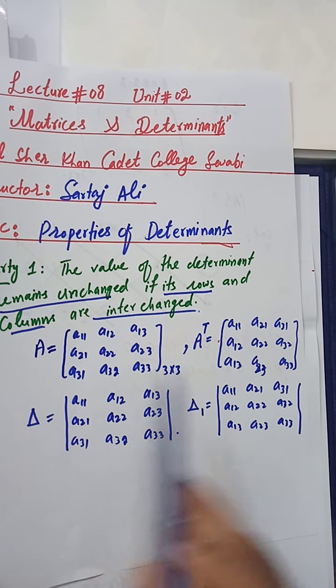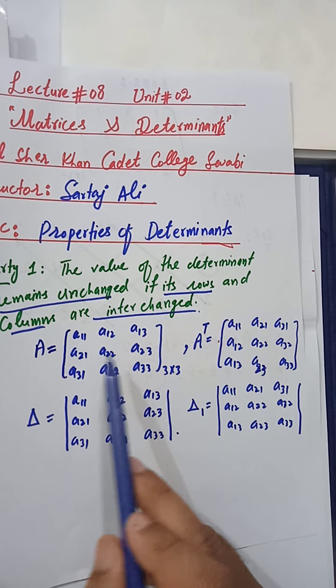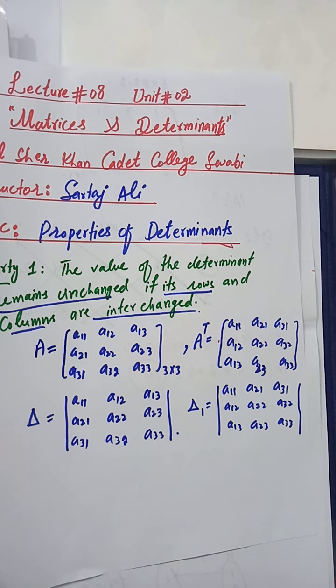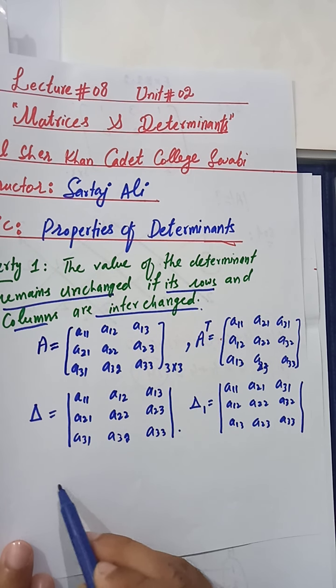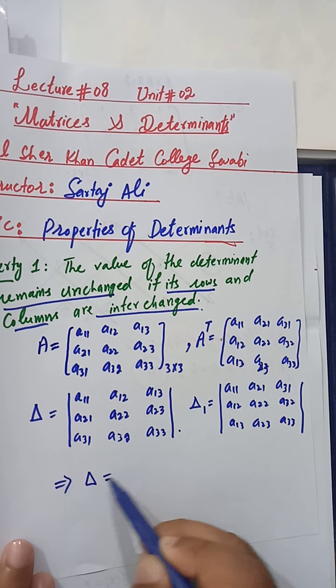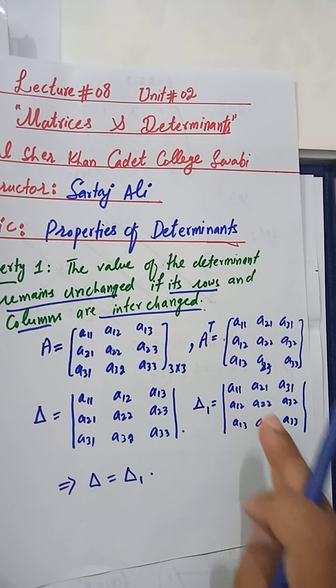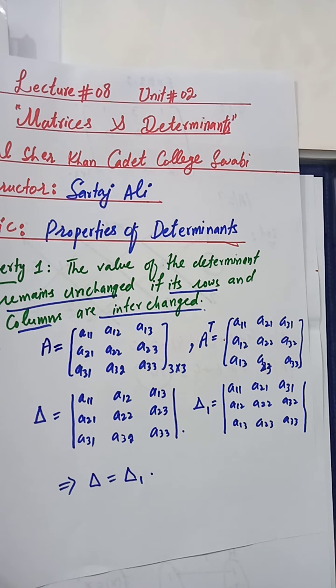So in this matrix the rows and the columns are interchanged, and if you interchange the rows and the columns of a matrix, the determinant will never change. This property says that delta, the determinant of this matrix, will be equal to delta 1, the determinant of its transpose.